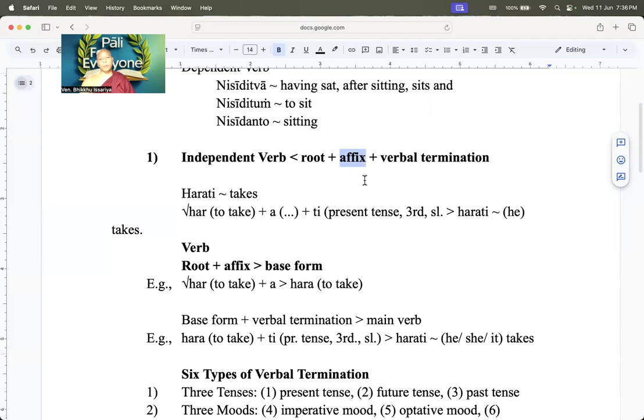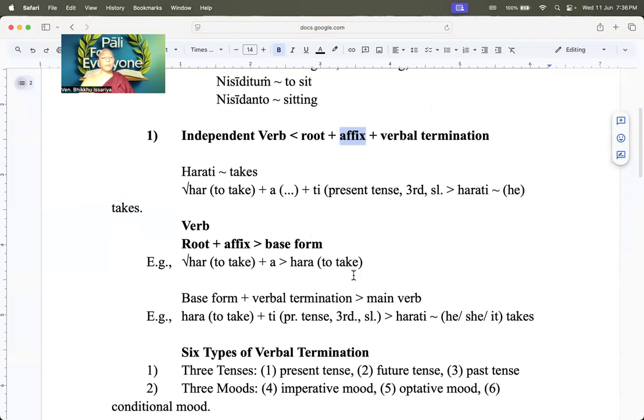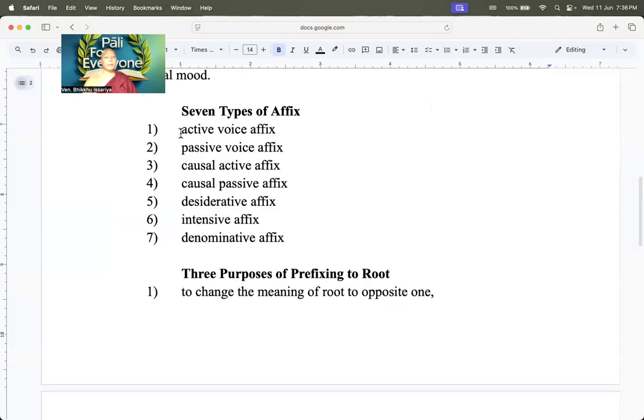At that time it is mostly for some special roots. For some suffix, even though the active suffix is avoided, the voice affix is not used. But to be passive, the passive voice suffix will be used. To be causative, the causative suffix will be used in this way.